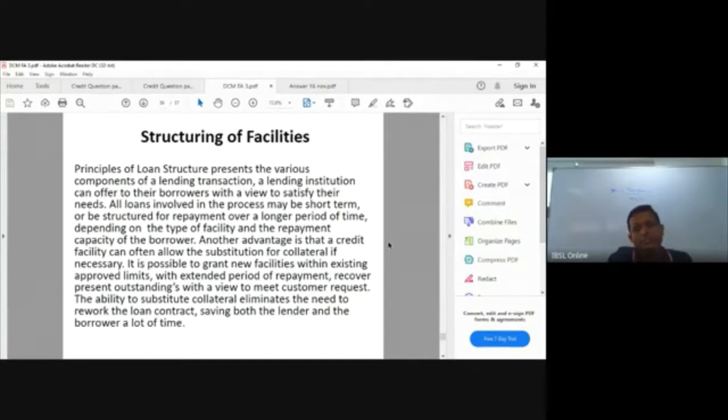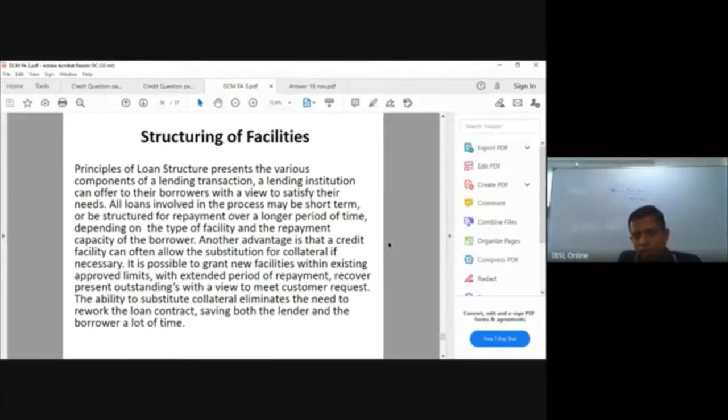Then finally, after you do the analysis, after you do the risk analysis, everything, you have to come to a conclusion on how to structure these facilities for the client. Normally, the client is requesting more facilities from you, and for that, you are analyzing their financial statements.